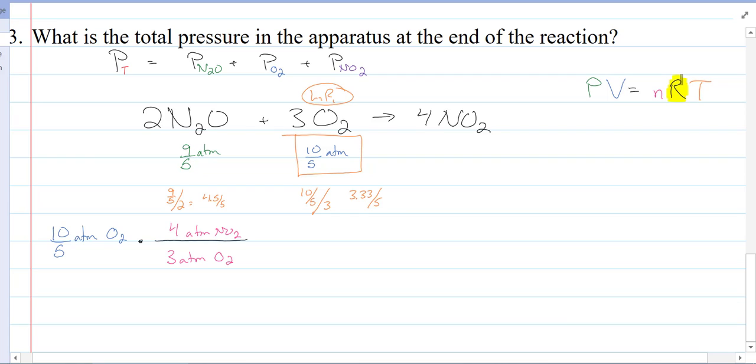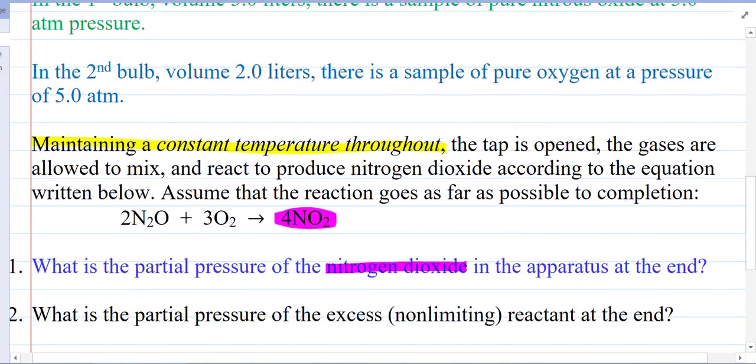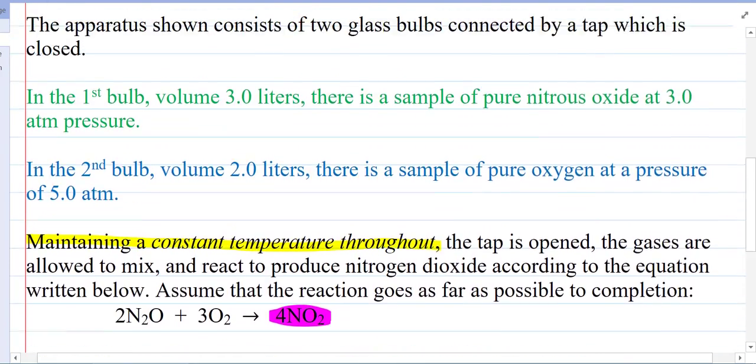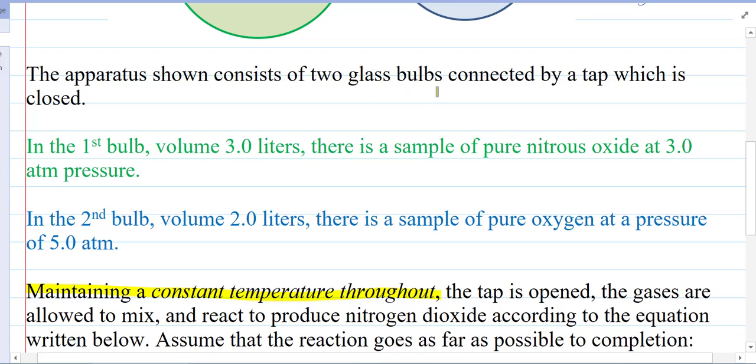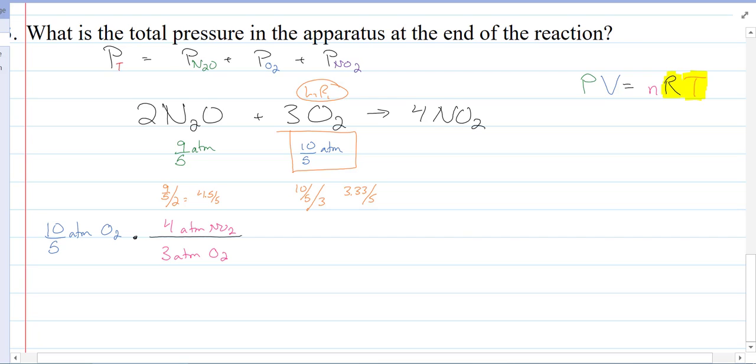R, of course, does not change today. The gas constant. The temperature is constant. Once I open the volume, up to 5 liters, once this tap here is opened and everything is now one apparatus, that volume's not changing. In fact, it's glass, right? It says it's glass. Yeah, 2 glass bulbs. So we're not going to expand and contract hardly at all. If they do expand, they break. So the volume's fixed.